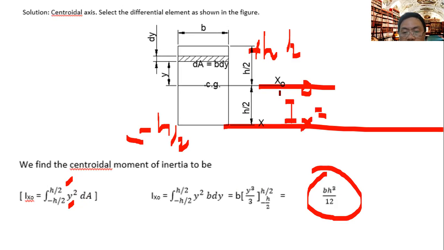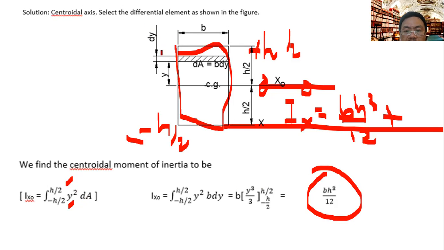Now, if we are going to transfer to the base, you have here Ix. The moment of inertia at this axis is bh cube over 12, and then the area of this whole rectangle is bh. And then this is our d, which is just h over 2.